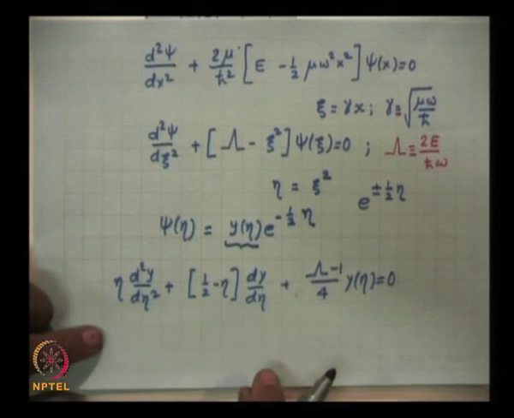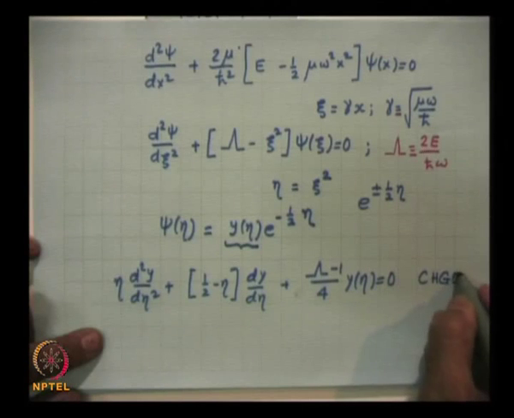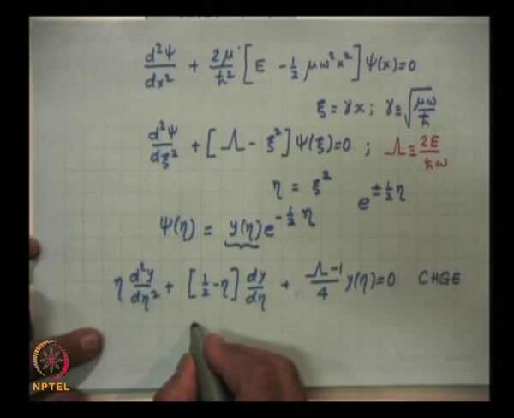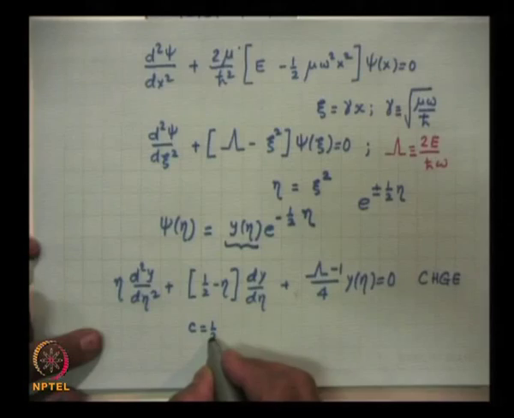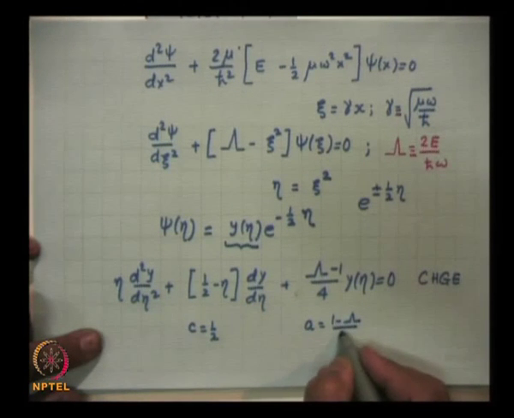So, this is the confluent hypergeometric equation, and the parameter c is half and the parameter a is 1 minus lambda by 4.